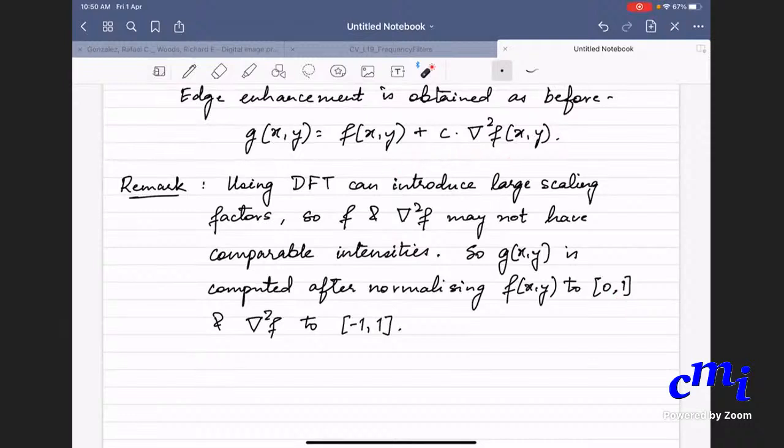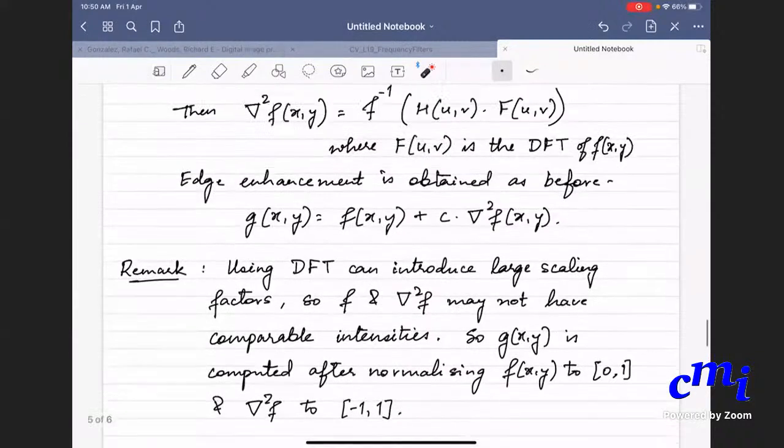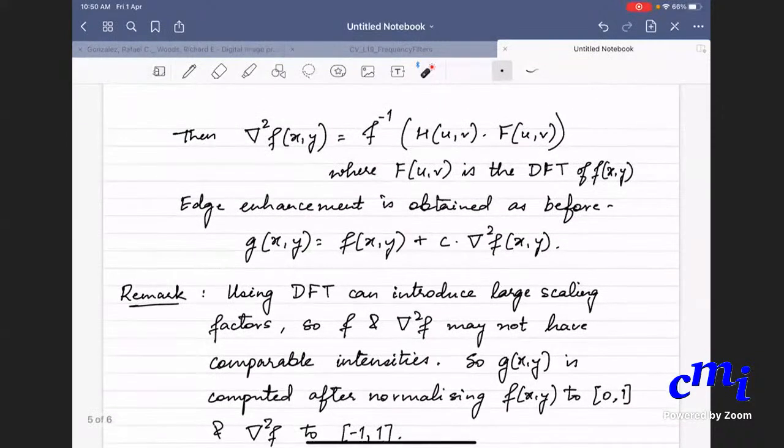So that's the only difference. In the spatial domain, you don't need to do any such normalizing. But if you're applying Laplacian in the frequency domain, you need to be aware that this kind of normalizing may be required. So that is all about the Laplacian filter in the frequency domain.